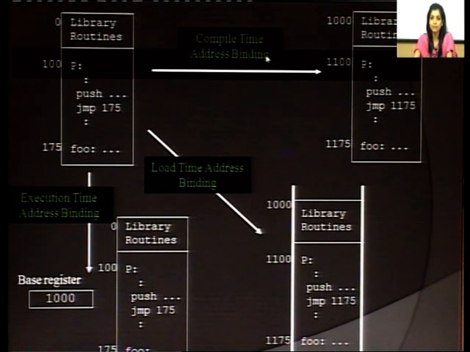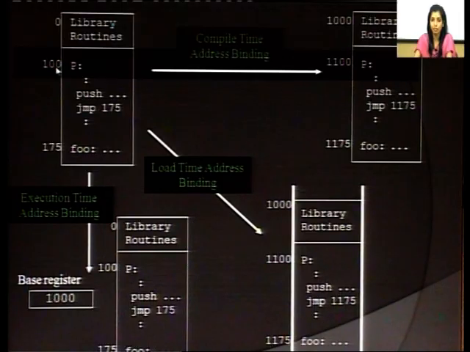In compile time address binding and load time address binding, notice that these two addresses are the same, but the address in the execution time is different, because we are adding a base address to the logical address.